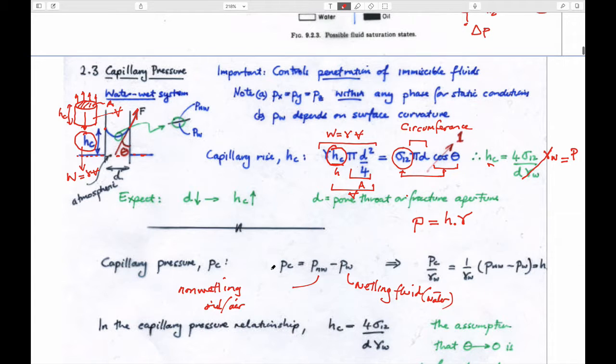So by definition, this term capillary pressure is the difference between the pressure that's in the water, which would be the pressure you'd feel in the water there at this point.